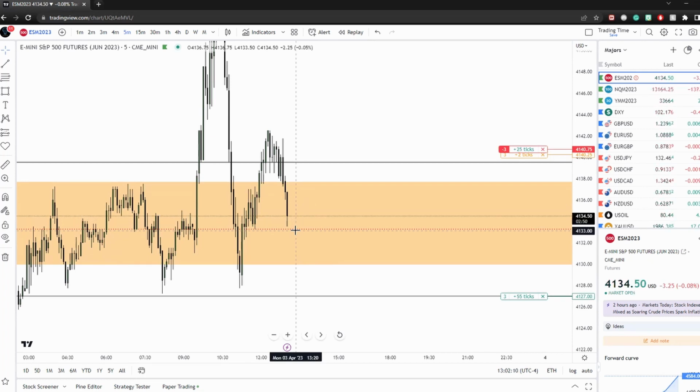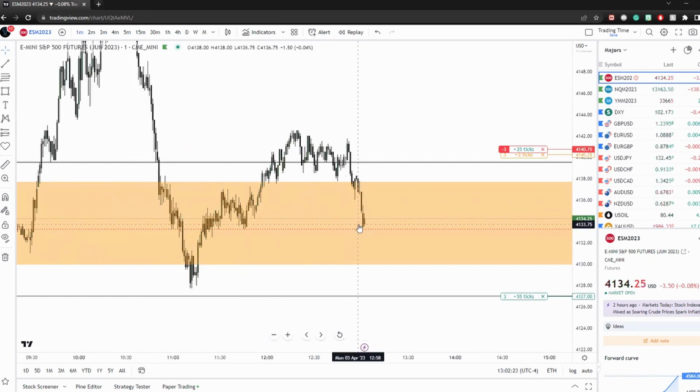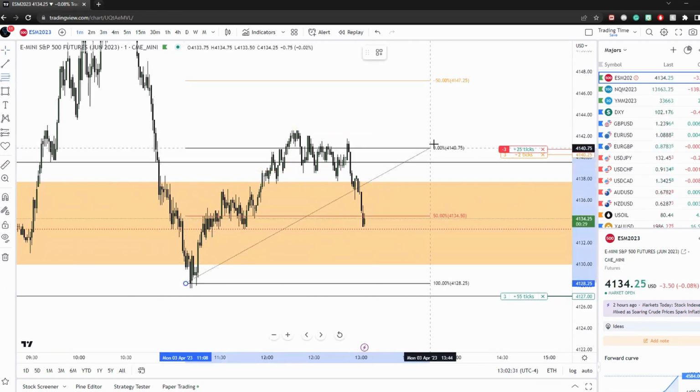The price is kind of staying there. I'm looking for potentially the next candle to punch through it. Punch through it. Let's see if there's a definite level of discount now.